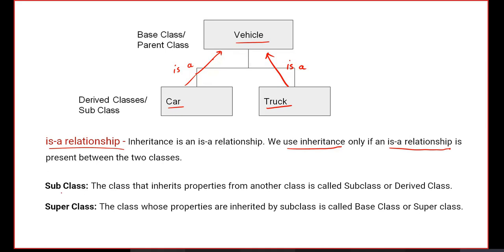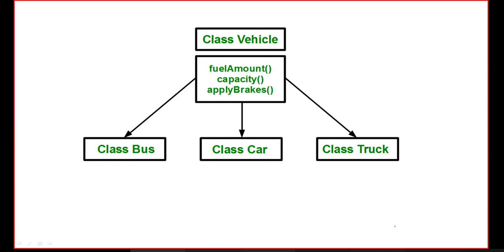Yeah, same thing. The subclass, the class that will inherit the properties from another class, is called the sub or derived class. And the superclass is nothing but the class whose properties are inherited in the subclass, commonly called the base class or superclass. Okay. Now, apart from the specialized function that every vehicle will have, right?